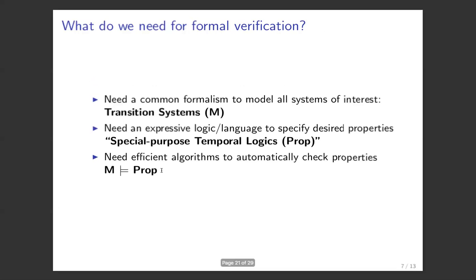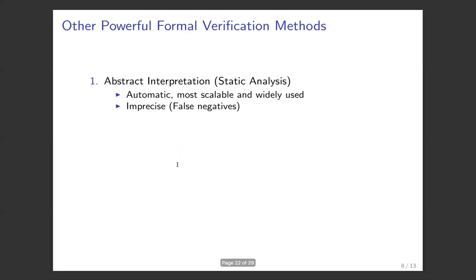Now, before I get into model checking, I've been saying model checking is but one method for doing formal verification. What are the other methods? A very popular method, popular in terms of how widely it is used in practice, is static analysis, or more technically, abstract interpretation.